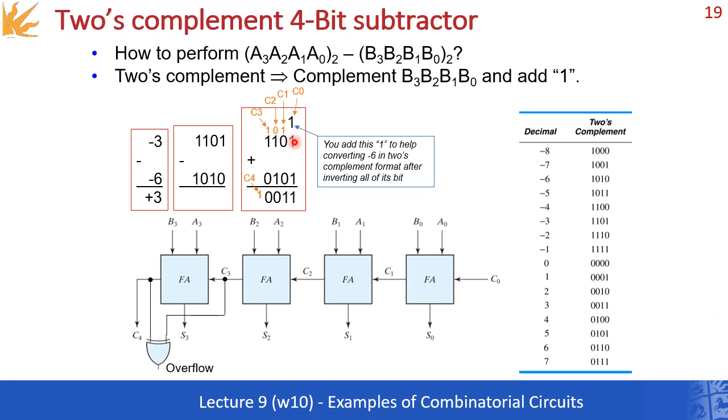If we perform the operation step by step, 1 plus 1 gives you a carryout. Then 0 plus 0 plus 1 does not give you a carryout. Now, this is going to give us, if there is one, carryout 3. 1 plus 1 gives you a carryout. So C3 here is 1.